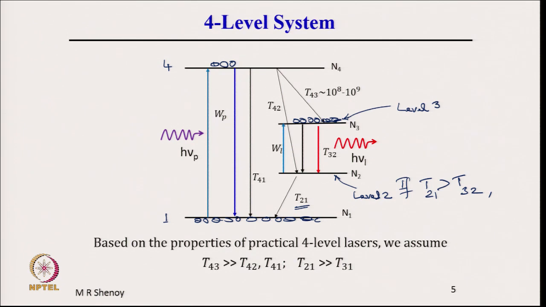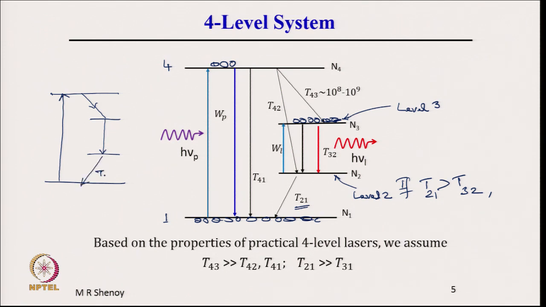And therefore, in practice we can neglect T41 and T42, and if we neglect those, then our transitions will remain only this. So, we are raising atoms here, then they come down by this way only. The other 2 transitions, T42 and T41, we can neglect, and then this comes down here and finally goes back.